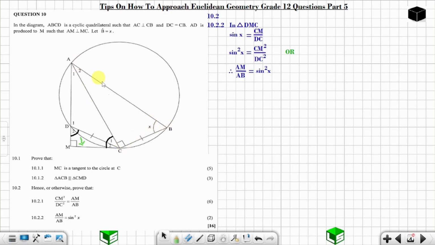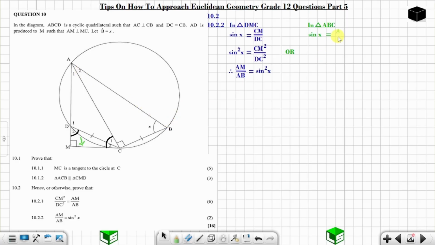Or you can use this triangle ABC, because you have angle x and this is a right triangle. So you can use trig ratio. So using this triangle, in triangle ABC, sin x is equal to opposite over hypotenuse.